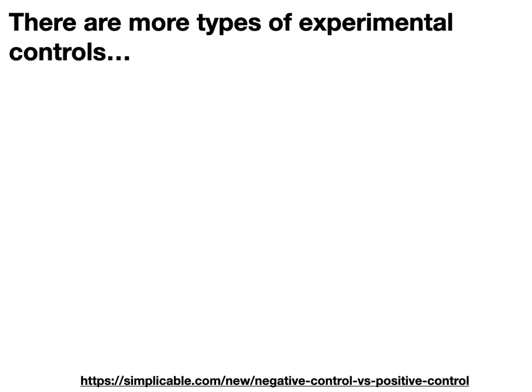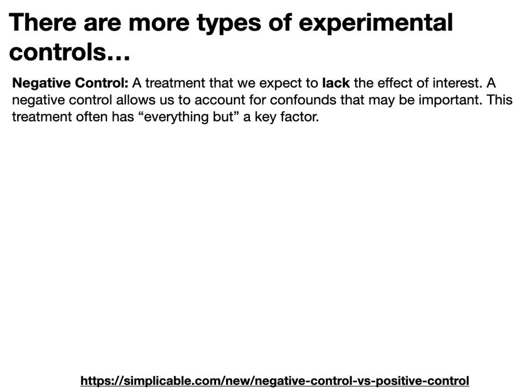Okay, so this is getting at other types of experimental controls. A negative control is a treatment that we expect to lack the effect of interest. A negative control allows us to control for confounds that may be important, and it's often the kind of everything but treatment. That's a way that I often remember it.